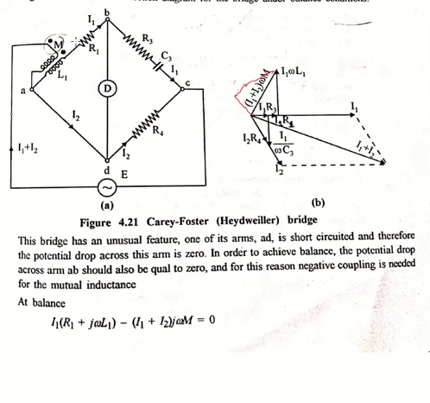For achieving this, we made this mutual inductance a negative coupling. So I am reading this once again. In order to achieve the balance, the potential drop across arm AB should be equal to 0. For this reason, negative coupling is needed for the mutual inductance.